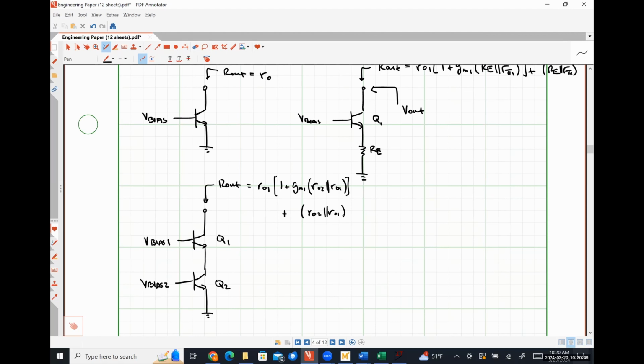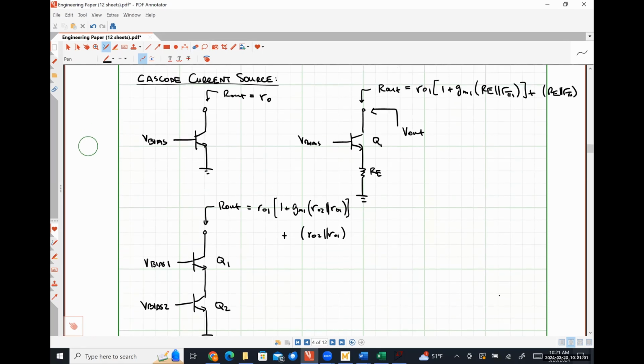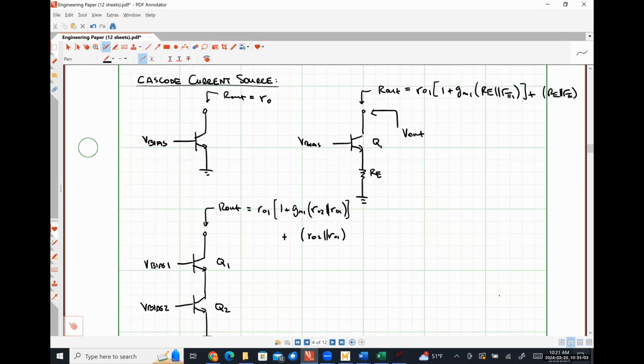Which output resistance do you think is going to be the largest? When you say the second one, you mean this one? I disagree.